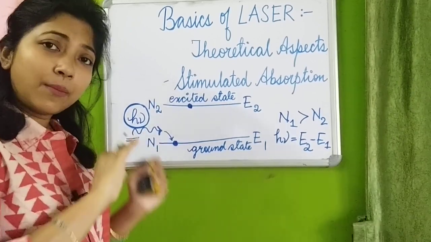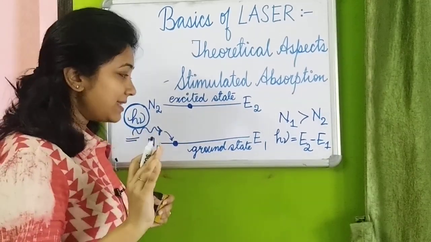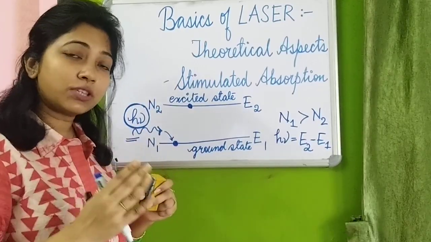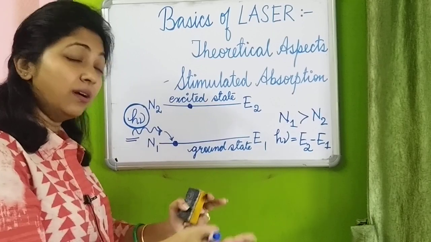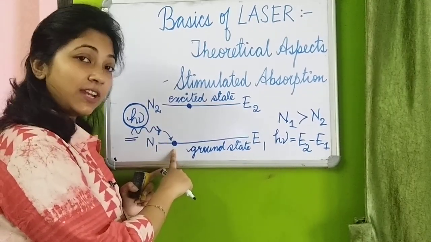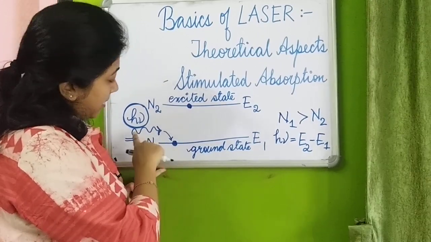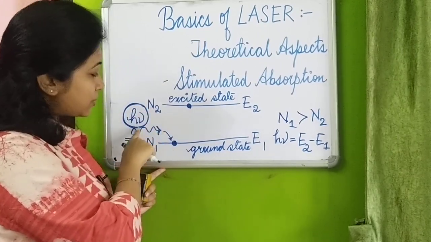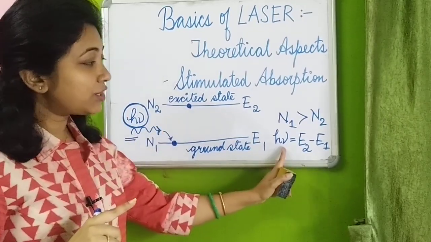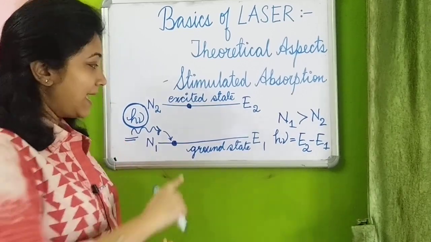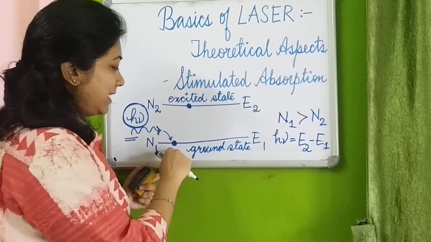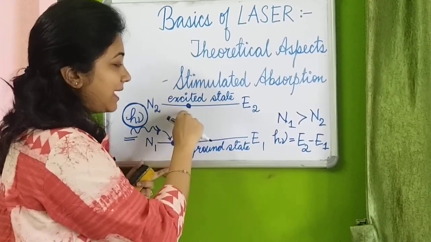Alright, so summarizing the entire process once again. If we categorize the process into before and after, the before scenario was that the electron was in the lower energy level, and upon the incidence of an external photon having energy h nu equal to E2 minus E1, absorption of energy occurs, and the electron jumps to the excited level.